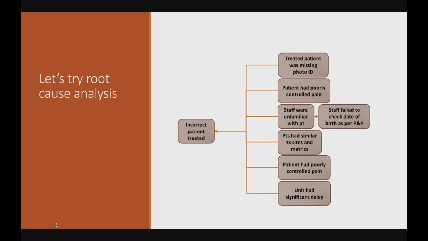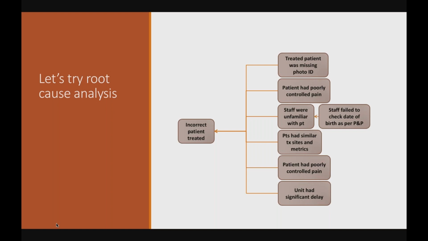So let's try a root cause analysis on that. As you probably know from your previous lectures in root cause analysis, this is a very rudimentary, non-representative, and poorly developed root cause analysis tree diagram, but we'll just use it for illustrative purposes only.